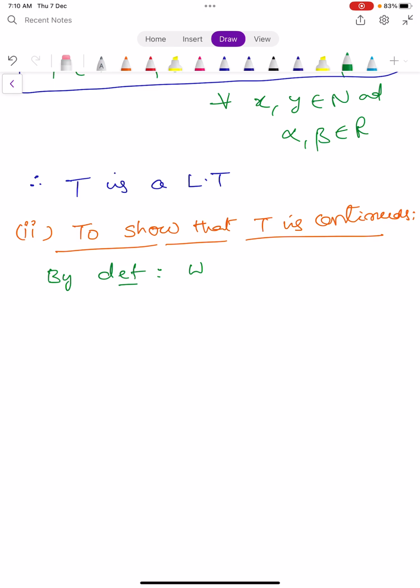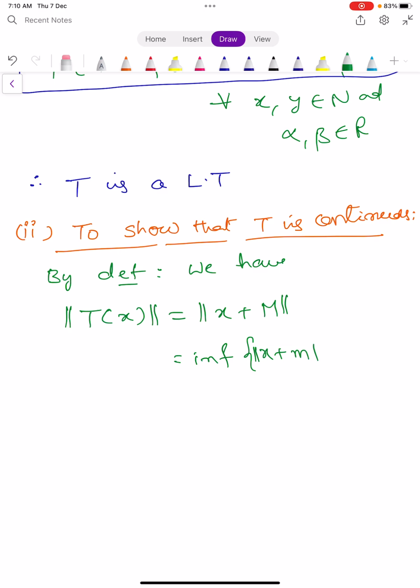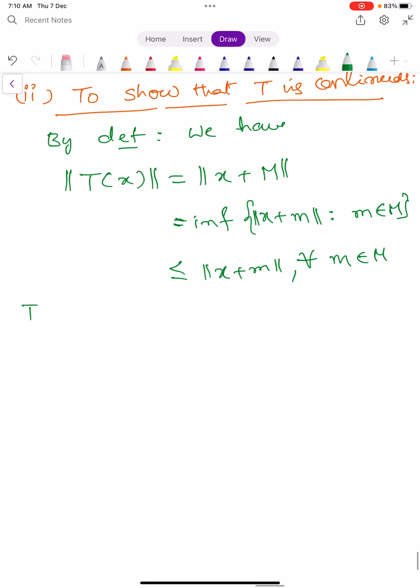By definition of the norm, we have norm T of x is equal to norm of x plus m, which is the infimum of norm x plus m such that small m belongs to capital M, which is less than or equal to norm x plus small m for all m belonging to capital M. In particular, what happens if small m is equal to 0?